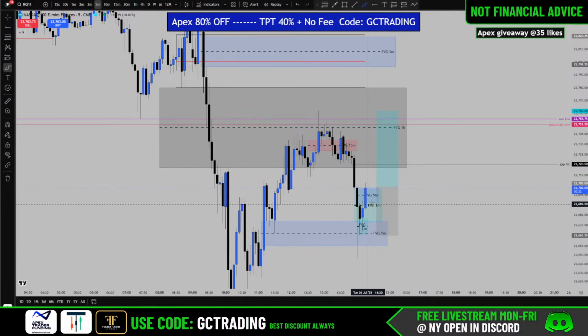We got 20 seconds left on this candle. Want to see where we close in this candle. Five, 4, 3, 2. Oh, there we go.